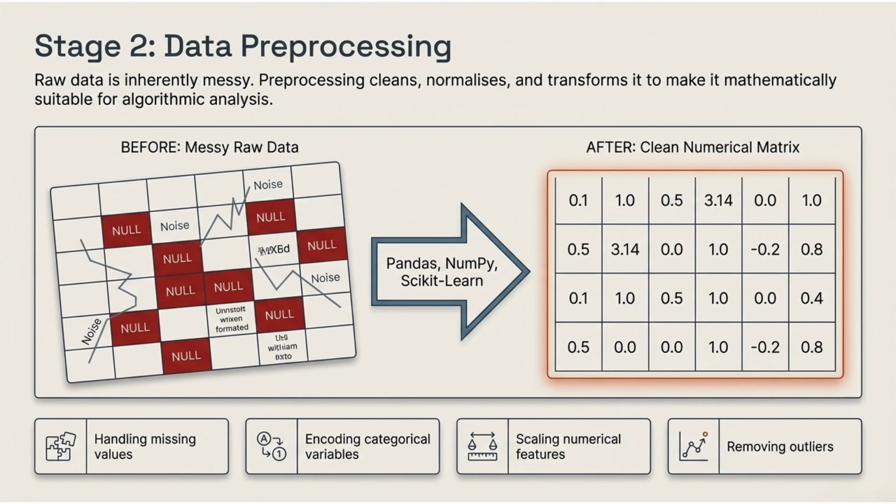Outliers and noise are also removed. Tools such as Pandas, NumPy, and scikit-learn are commonly used in Python to perform these pre-processing tasks. After pre-processing, the data becomes a clean numerical dataset that machine learning algorithms can understand.